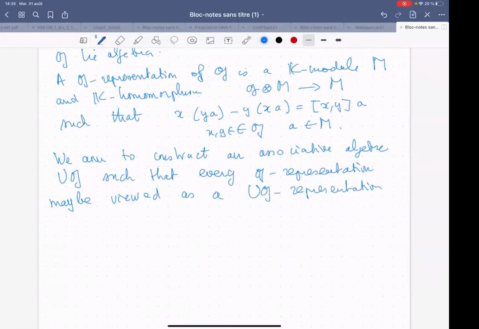Then here, of course, in this second part, I'm dealing with representations of associative algebra, which corresponds to modules somehow.